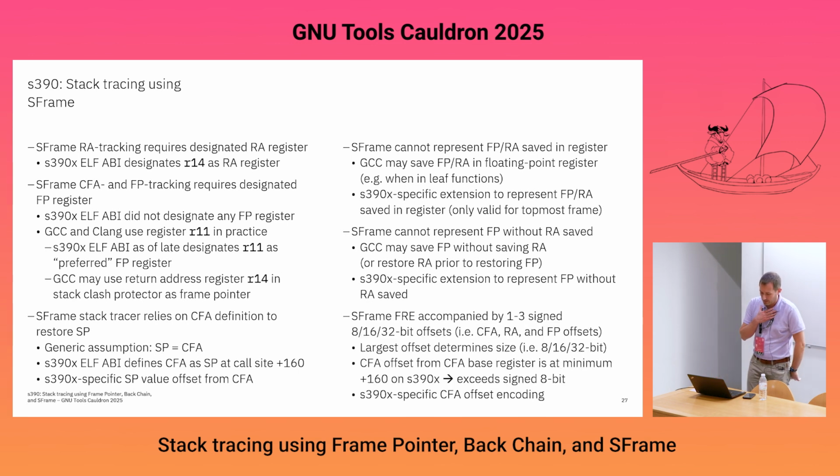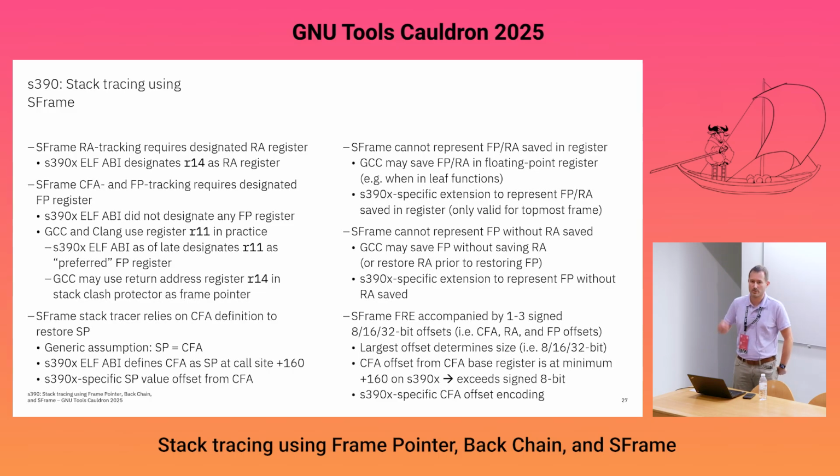And last, those SFrame frame row entries are accompanied by those three offsets for the CFA, return address and frame pointer. And they can be either 8, 16, or 32-bit in size. And the largest of those three offsets determines the size for all three of them.